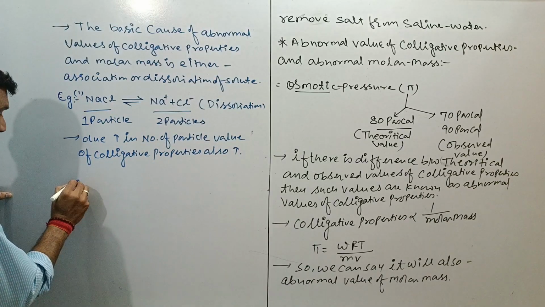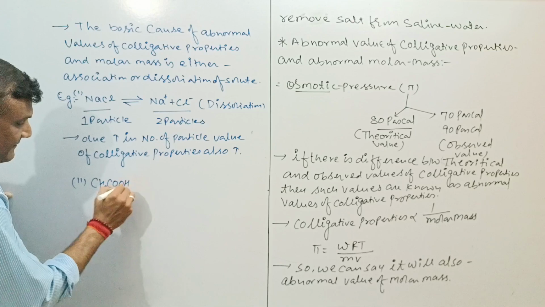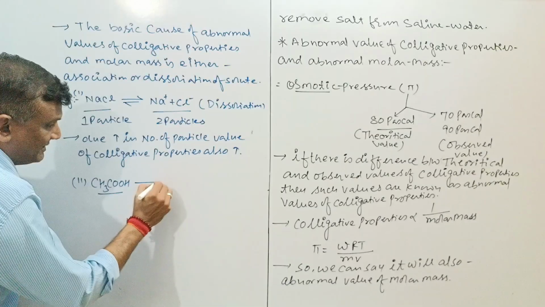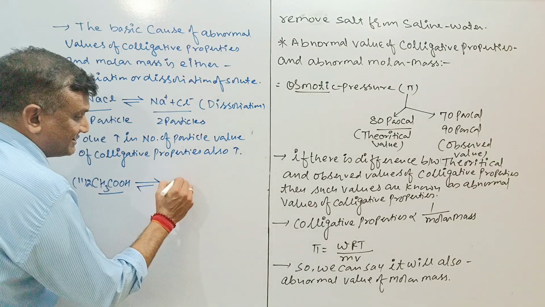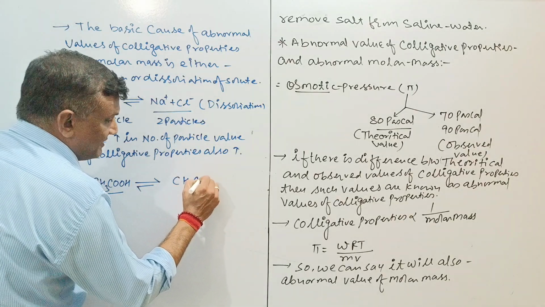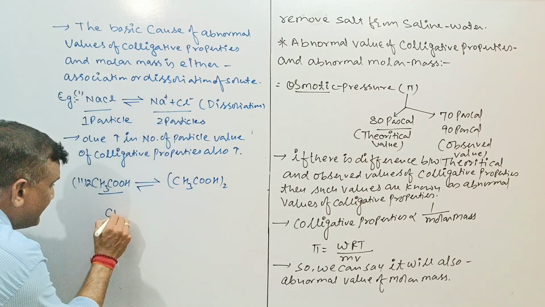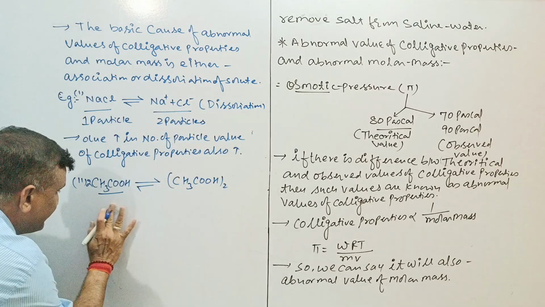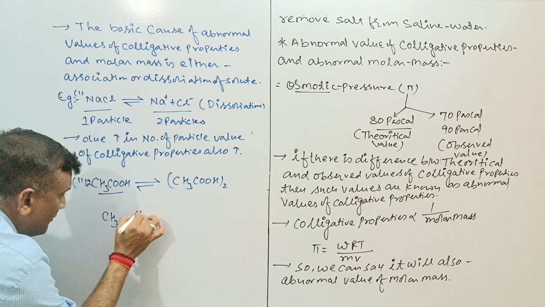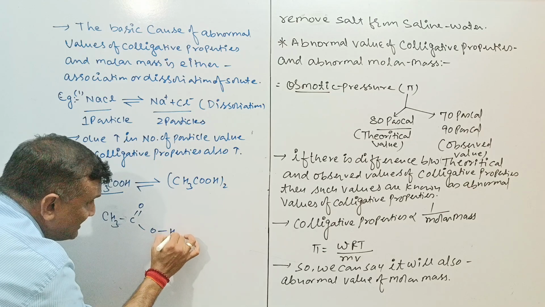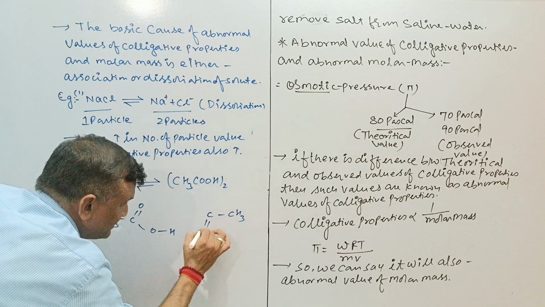Another example is ethanoic acid. Whenever we dissolve it, in solution state, two molecules of ethanoic acid form a dimer by the formation of intermolecular H bonding. This is CH3COOH, and this is CH3COOH.